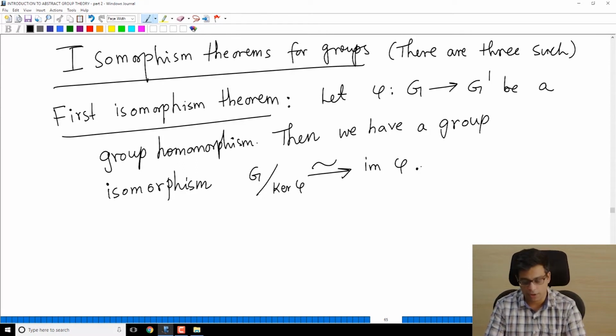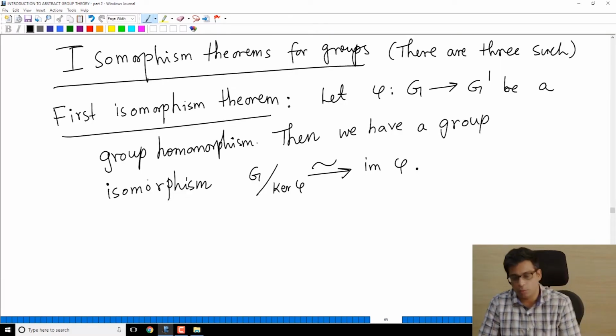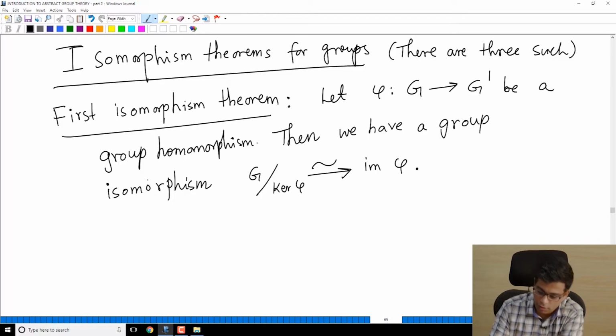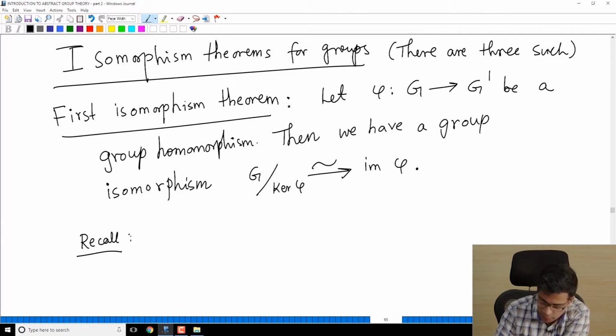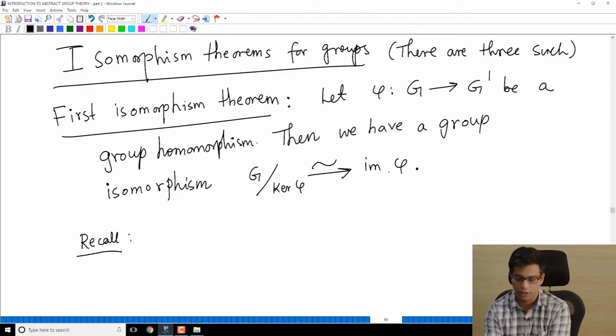It's a good time to recall what is an isomorphism. An isomorphism is any group homomorphism which is bijective as a set map. So isomorphism allows you to think of these two groups as essentially the same groups. Remember I am saying that this is a group isomorphism, so these two are groups in particular.